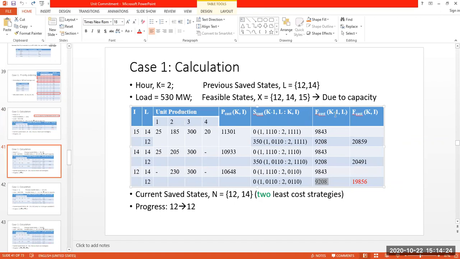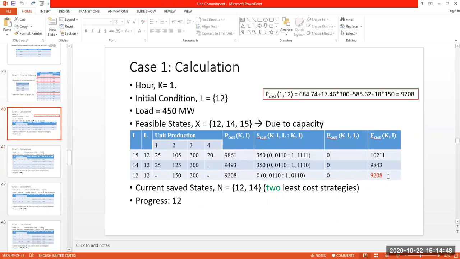F cost at the previous interval k minus 1, that is the first interval, because remember now I have the value of k equals to 2. So this F cost value will be taken from the previous interval, previous hour. And when we were at L was 12. So when I was at 12, what was the cost? It was 9208.